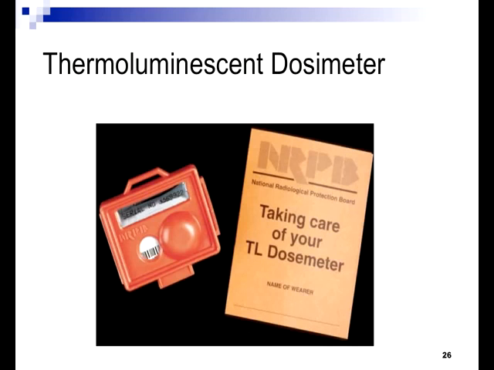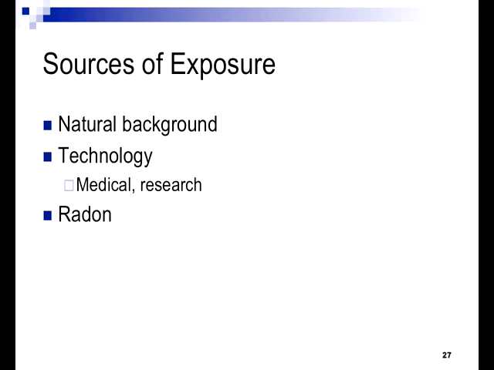So a TLD will be something that you'll send in to the radiation office at a periodic time frame, maybe 6 months or annually, that will determine what your dose is. And so these are basically radiation badges that can determine what exposure is going to be over extended periods of time. So those are a few of the radiation measurement devices.